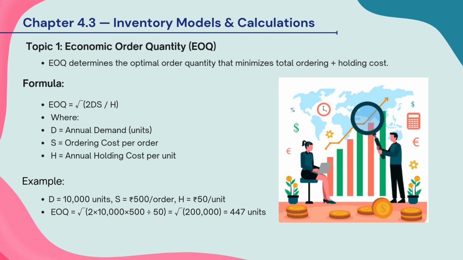In this example, when annual demand is 10,000 units, ordering cost is 500 and holding cost is 50, the EOQ comes out to 447 units. This means ordering 447 units at a time gives the lowest total inventory cost.